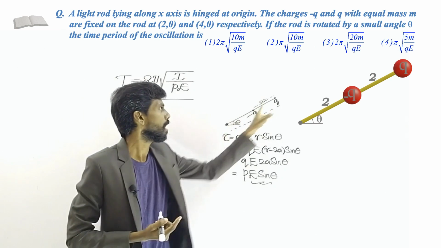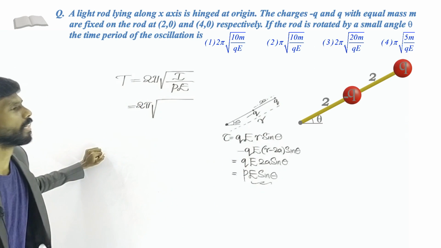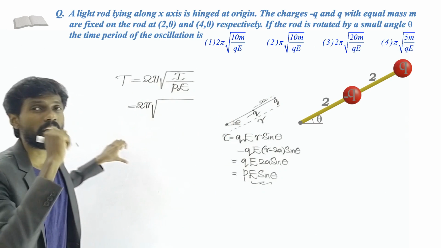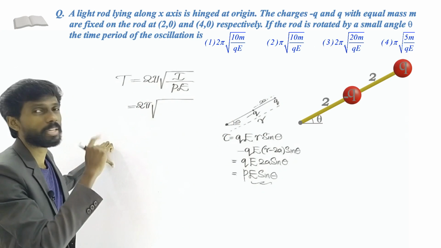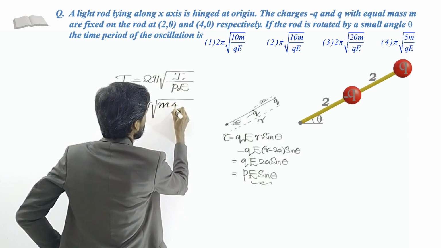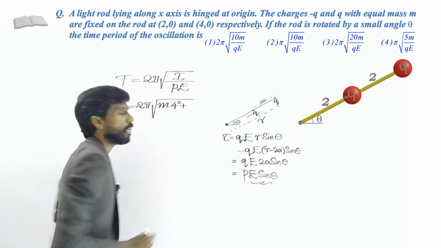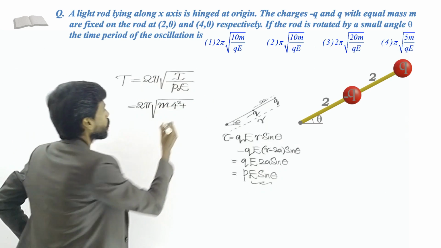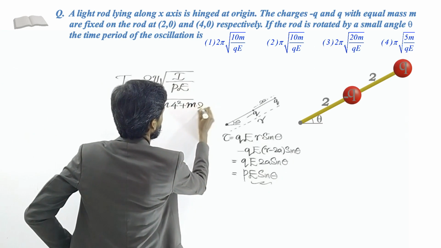The distance is given here, at 0, 0, 4, comma 0, so 4 is the distance: mass multiplied by 4 squared, plus similarly the moment of inertia of the other charge, with the same mass but the distance is 2, so the mass multiplied by 2 squared.